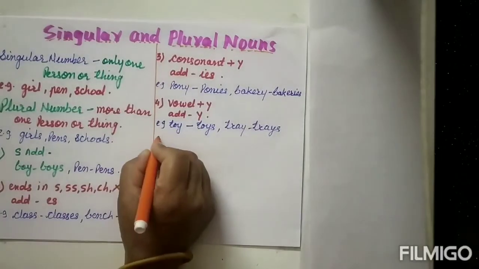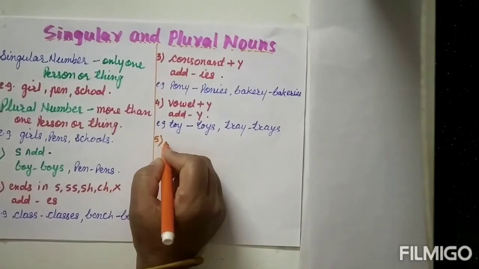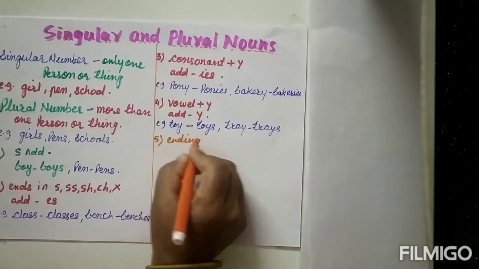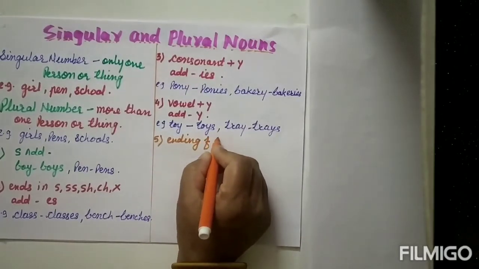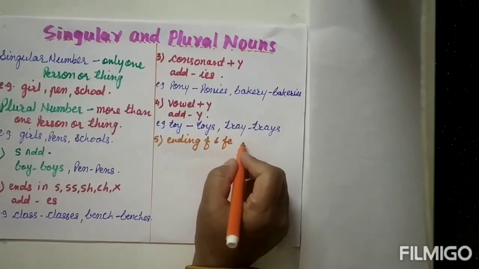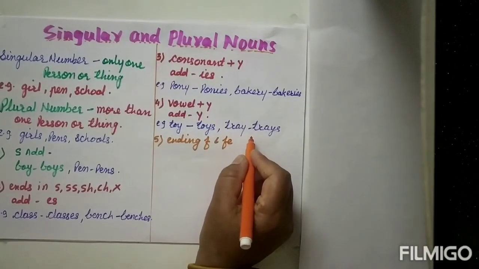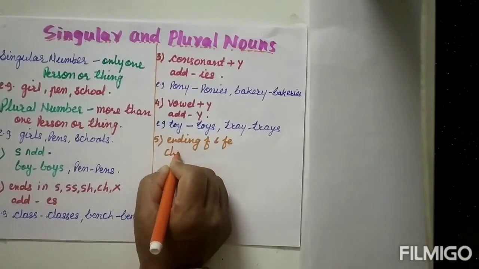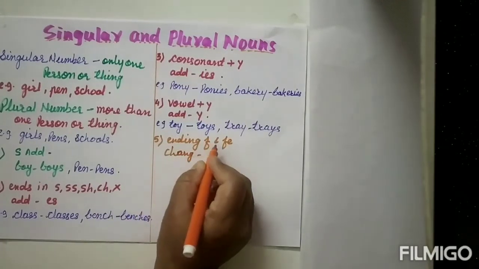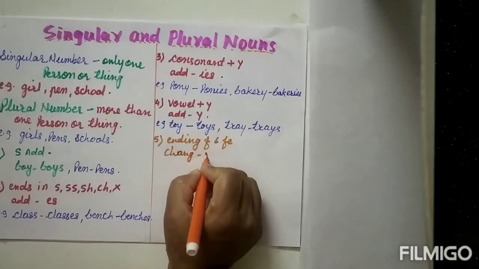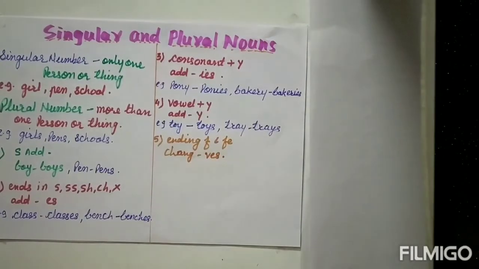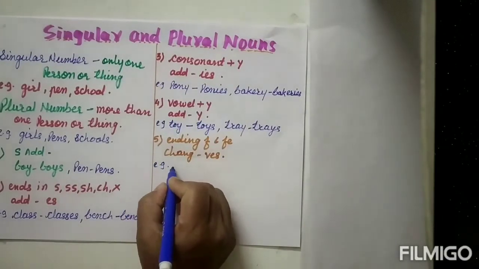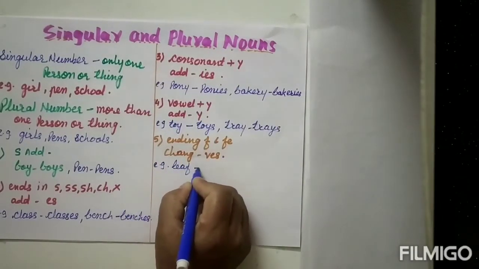Now next rule, fifth rule. Nouns ending in F and FE form their plural by changing the F and FE into VES. Means we are going to change this F and FE by VES. For example, leaf, L-E-A-F.